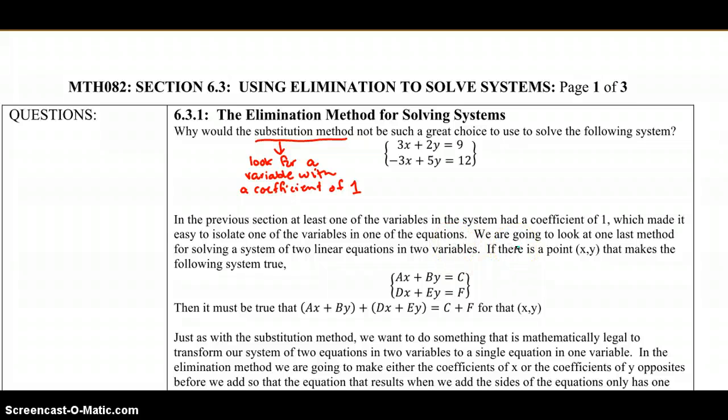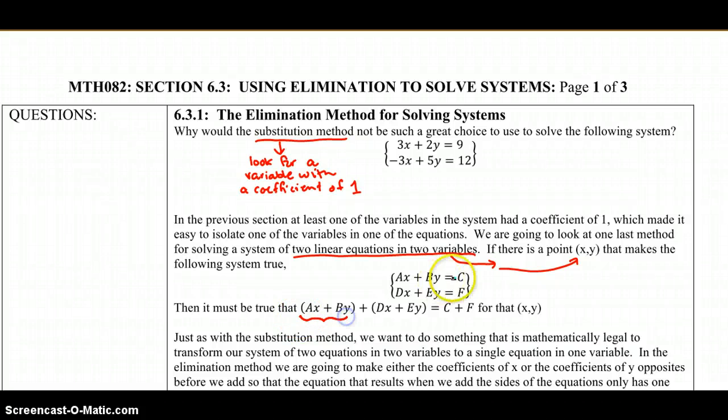We're going to look at one last method for solving a system of 2 linear equations in 2 variables. If we have 2 variables, to solve the system we are looking for an ordered pair, x comma y. If there is a point that makes the system true, if ax plus by equals c and dx plus ey equals f, then it must be true that if we add these two sides of our equation, we get the same thing as when we add these two sides.